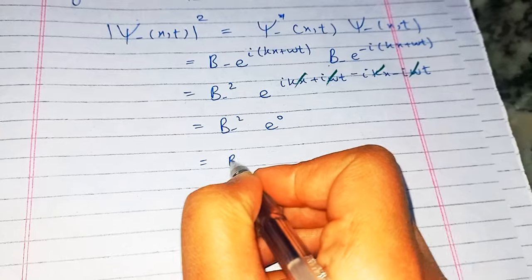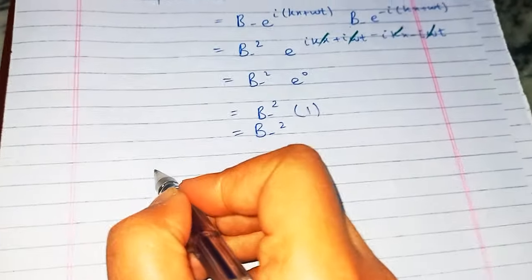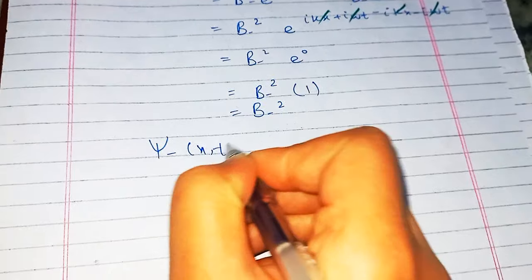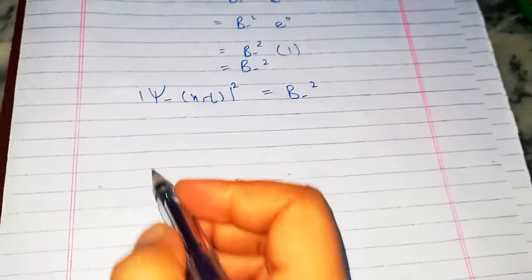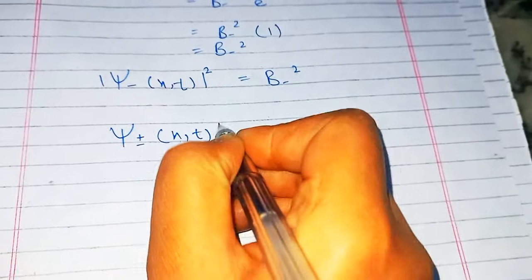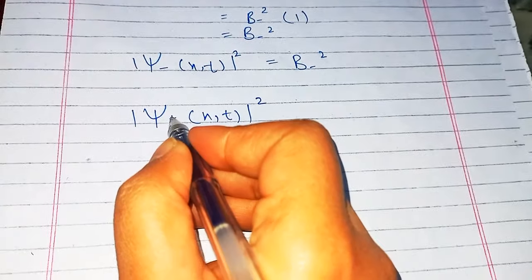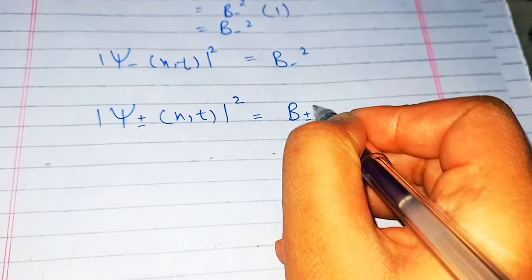E to the power 0 is equal to 1. The similar thing happened before, and we can see here that this probability density function is also independent of x and t. Okay, so we can write psi plus minus x,t at once if we want to write them together. It's plus above and minus below. It's B plus minus whole square.